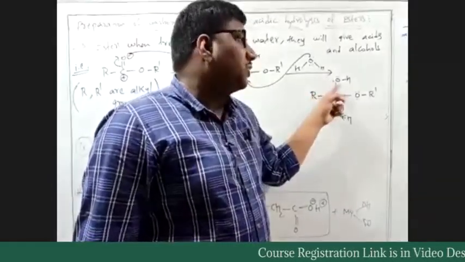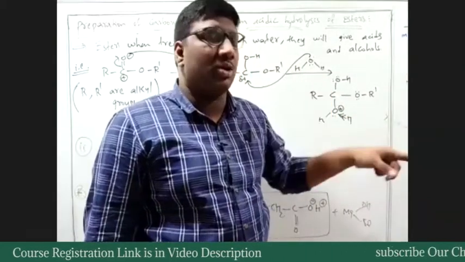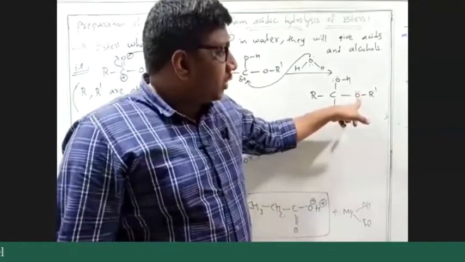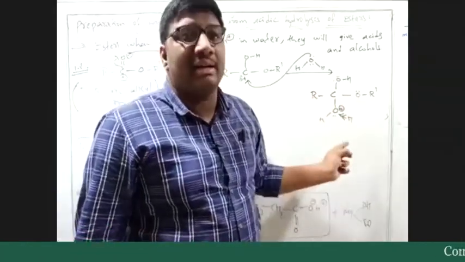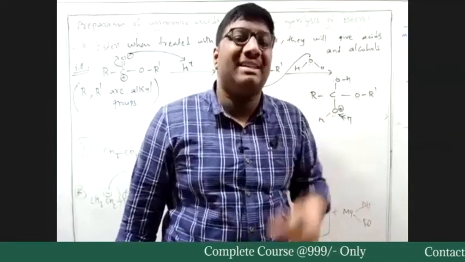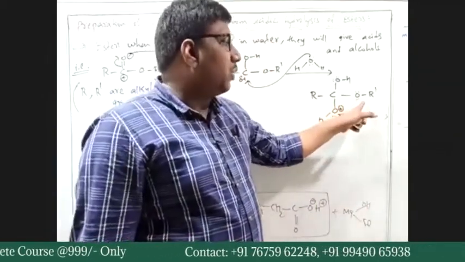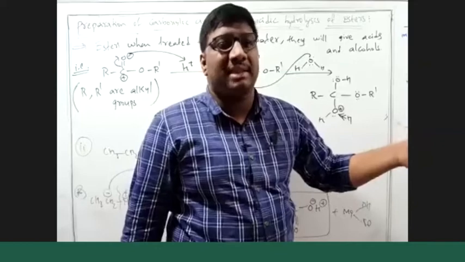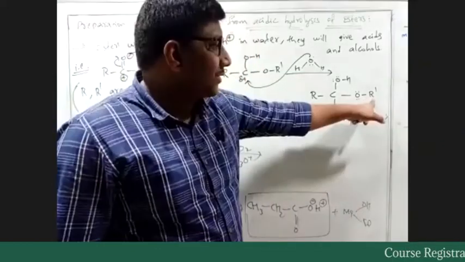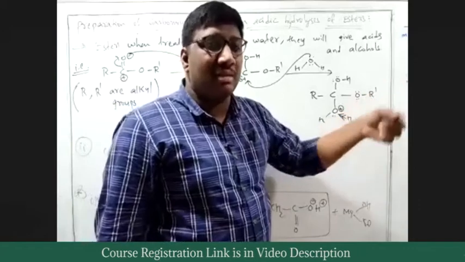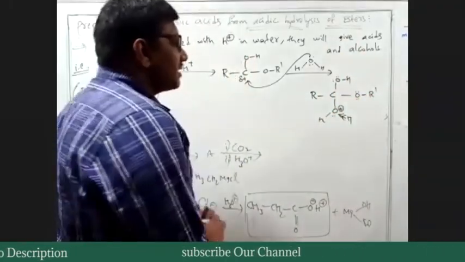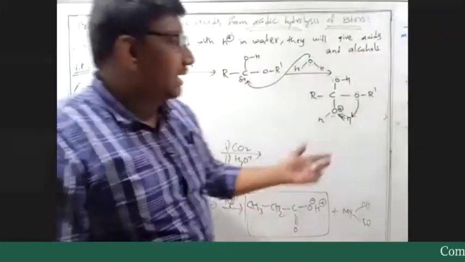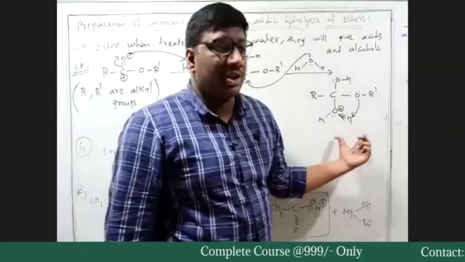But we have the OH group and the OR group, and both oxygens have lone pairs. So either lone pair can attack, but which should be considered most? Obviously the one from OR dash. Why? Because R is an electron donating group, a plus sign group, yes or no? Because of this R group, the electron density of oxygen is increased. So we always need to consider the attack of this oxygen. If you look at this example, you may get a question.